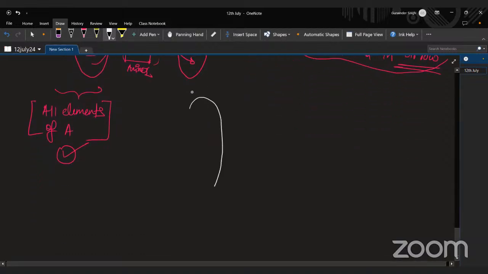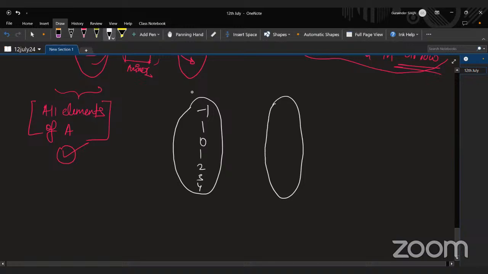Just an example to prove this. I had given this example earlier also. A is -1, 1, 0, 2, 3, 4, and B is 1, 0, 4, 5, 7, 9, and 16. My function f of x is equal to x square. It will map -1 to 1, 1 to 1, 0 to 0.